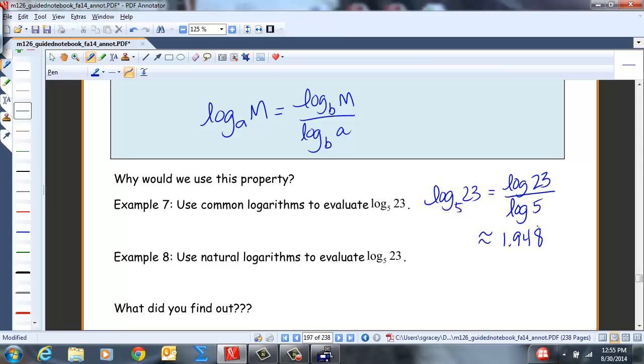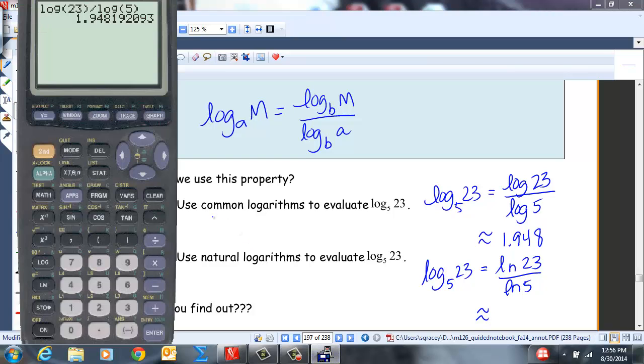All right, now let's use our natural logs. So log base 5 at 23 equals natural log at 23 divided by natural log at 5, which is approximately, what do you know, 1.948.